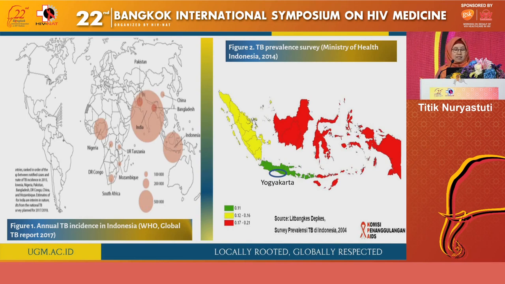Then let's discuss the setting of the study, which is located in Yogyakarta province. This is one of 34 provinces in Indonesia, and TB reports vary in our province based on the 5 districts in this province.